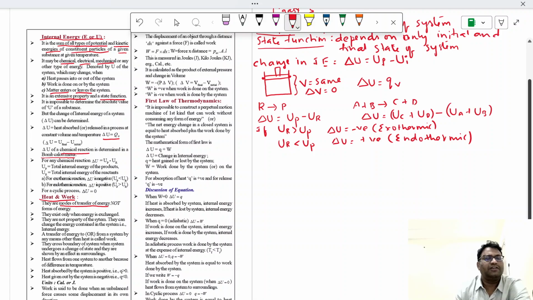We can consider heat and work as the modes of transfer of energy and not the forms of energy. That means they are not forms of energy, but modes of transfer of energy. Energy can be transferred in the form of heat, and energy can be transferred in the form of work. So they exist only when energy is exchanged.